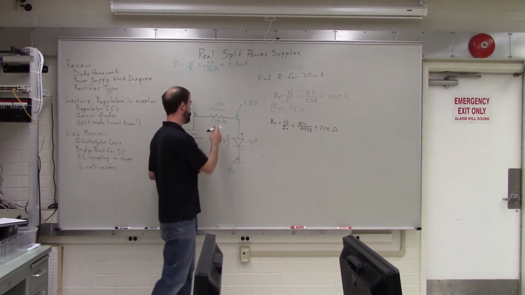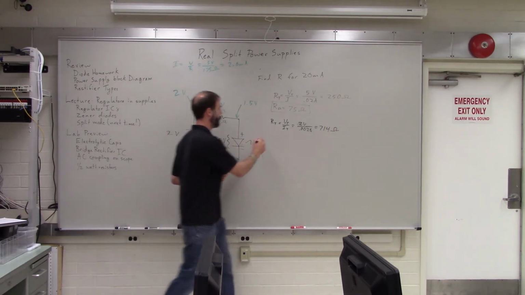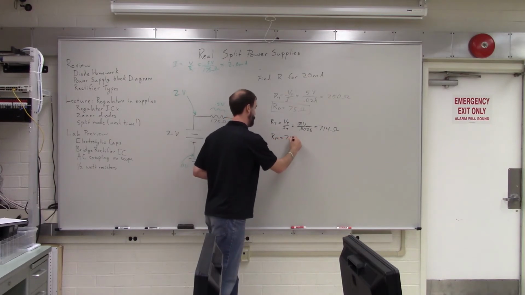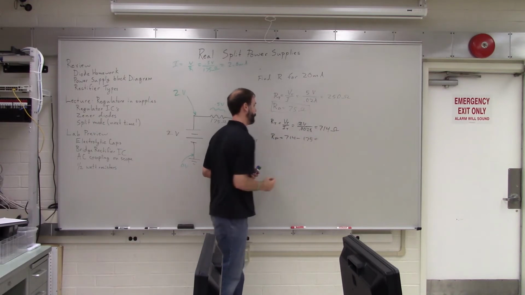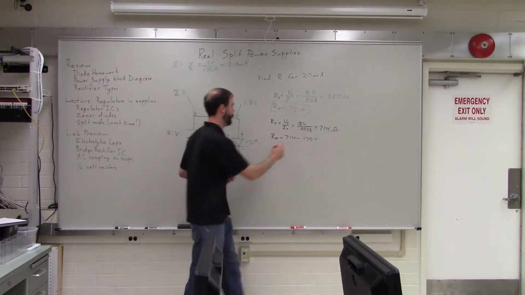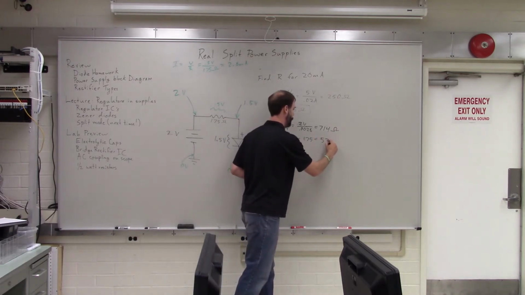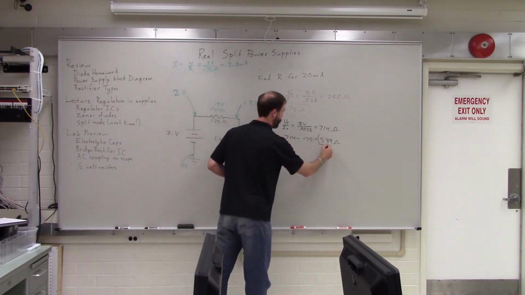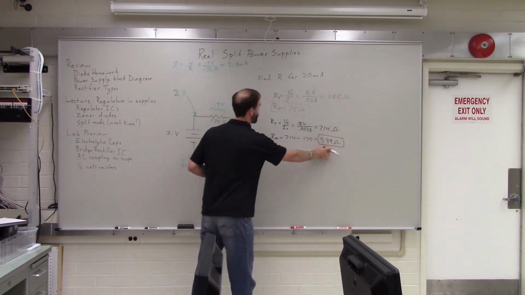So we have 175 there. So our diode equals 714 minus 175. So that comes out to be what? 539. So in that case, the diode is acting like it has 539 ohms.